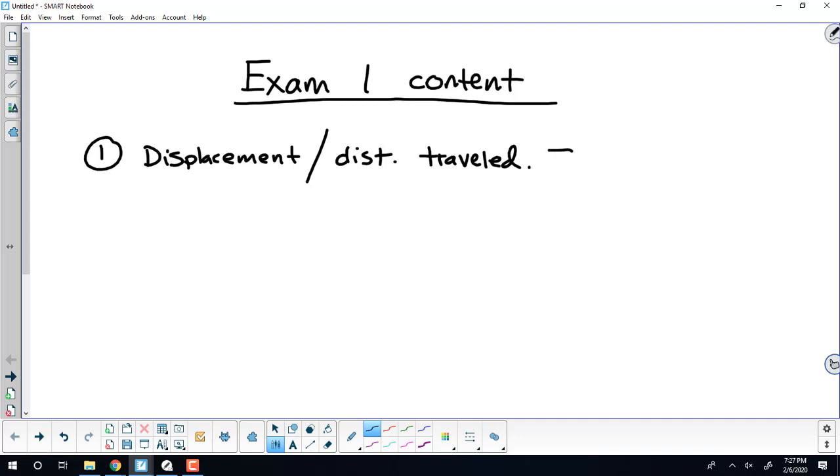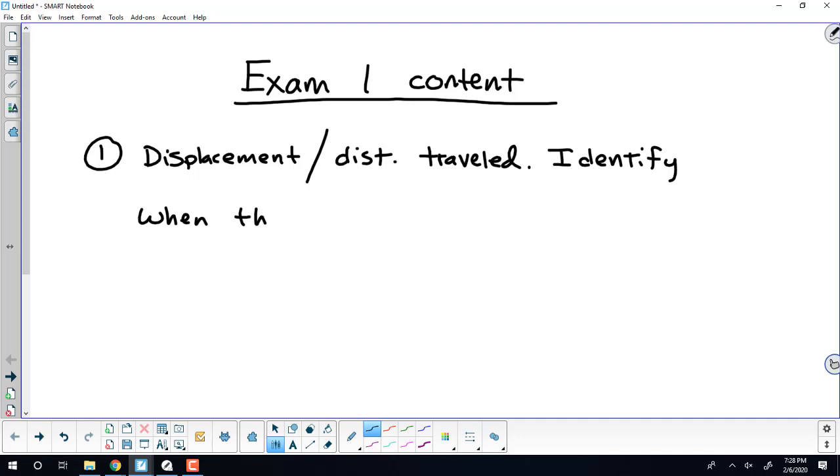You should be able to identify, and I'll post this under exam review, so this is what's going under exam review. I don't have an actual review. So identify when the object's moving up, down, or left, right.